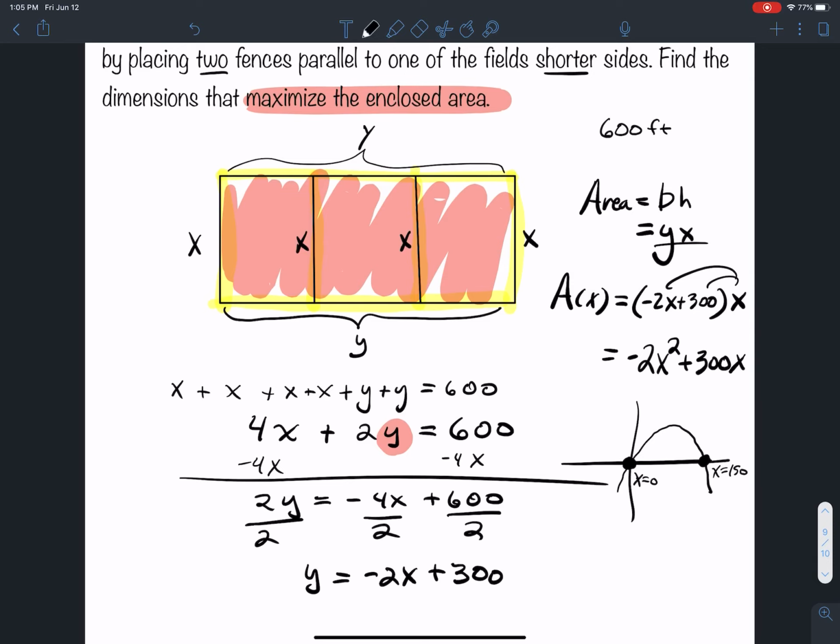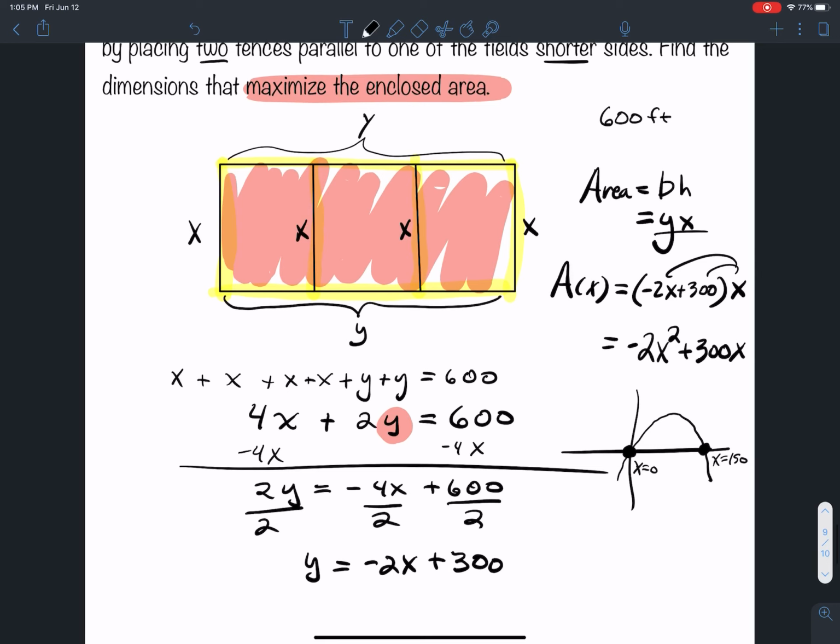If that were the case, my area is along this curve. If I had X equal to 0, if this length was 0, then that would mean I just had 2 walls that were 300 feet stacked on each other, and that has an area equal to 0.